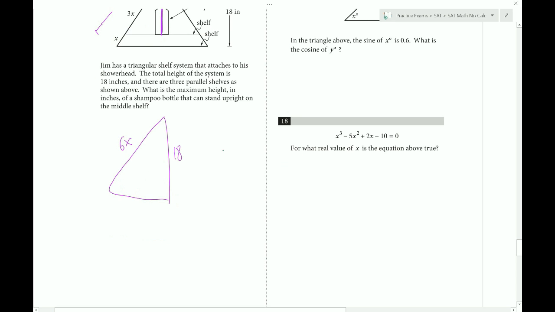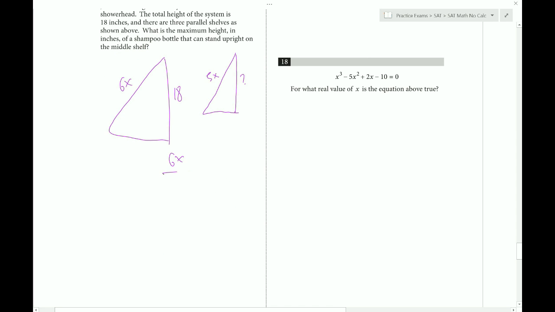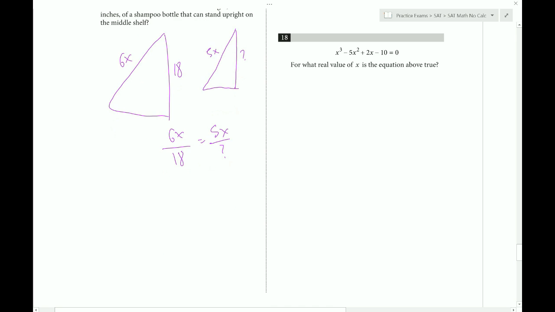And then our smaller triangle, which goes down most of the way, but not all the way, has 5x for this, and we're looking for this, question mark. So 6x over 18 equals 5x over question mark. The x's can cancel. You just divide by x on both sides. And 6 over 18 is really 1/3. Let's rewrite that as 1/3.